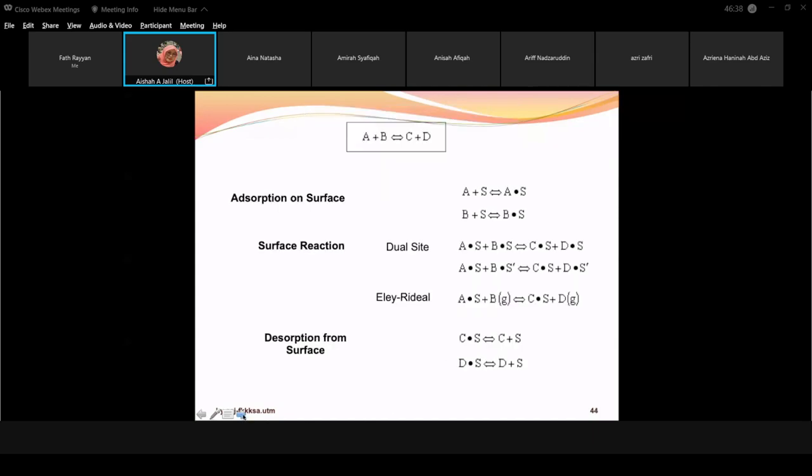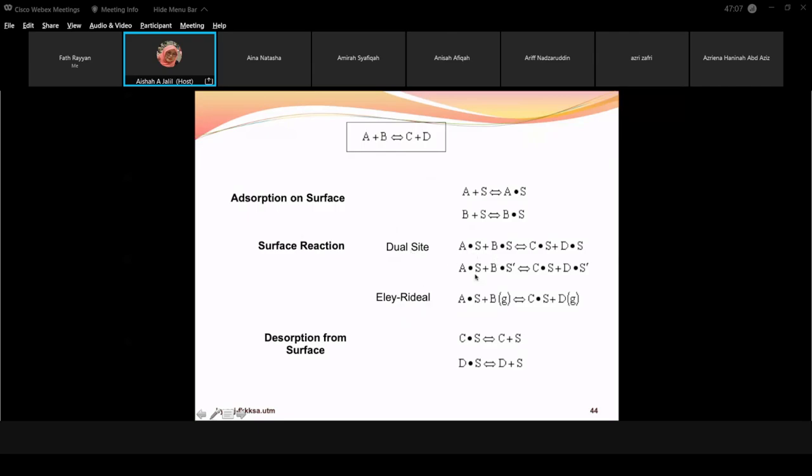For example, A plus B to C plus D. The adsorption must be A plus S and B plus S to A·S and B·S. And then the surface reaction, because there are two reactants, cannot be single site; it can be dual site or Eley-Rideal. Dual site becomes like this.